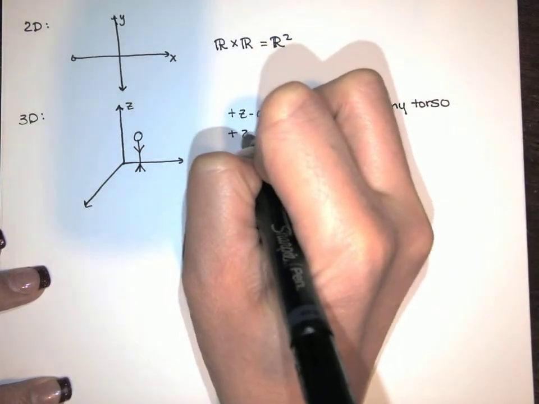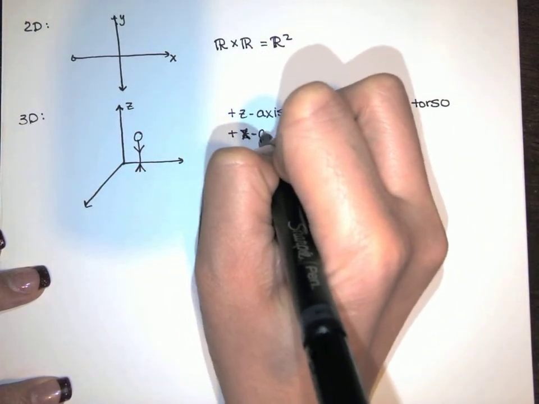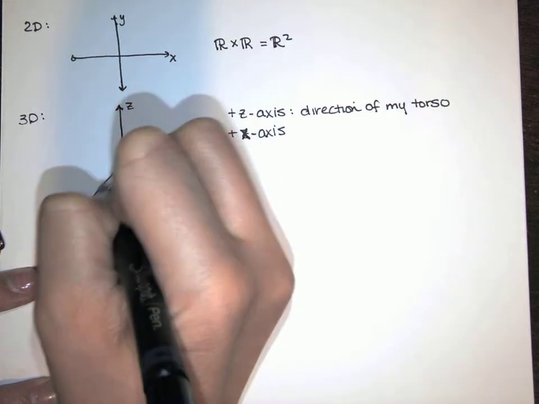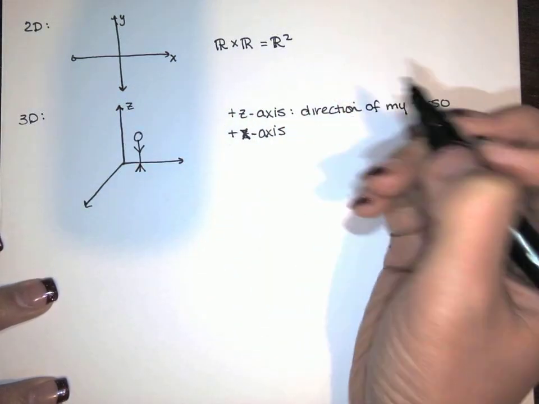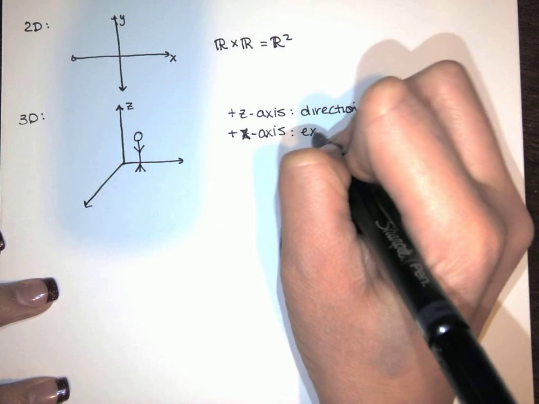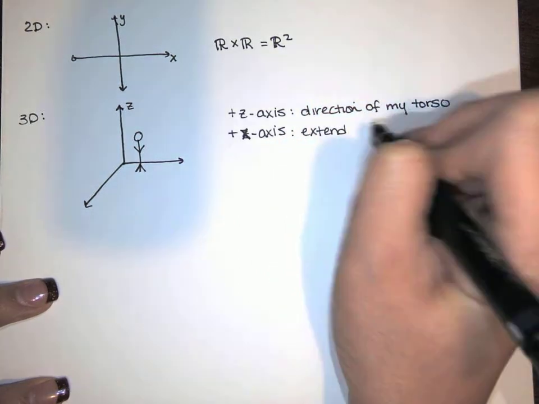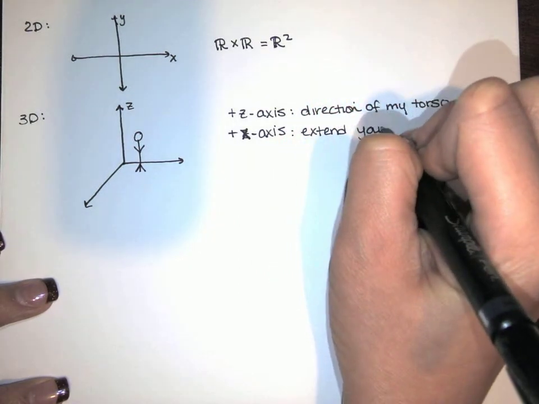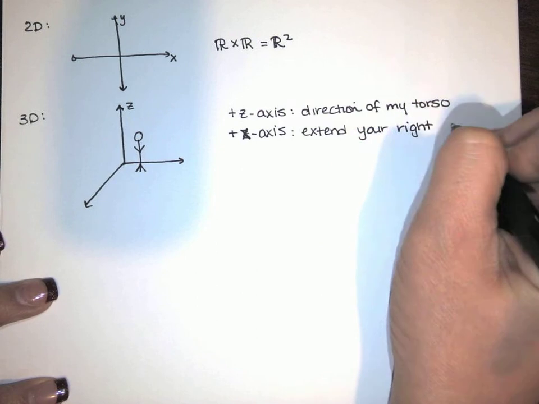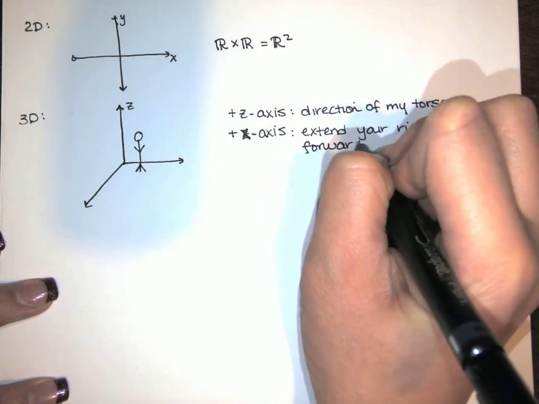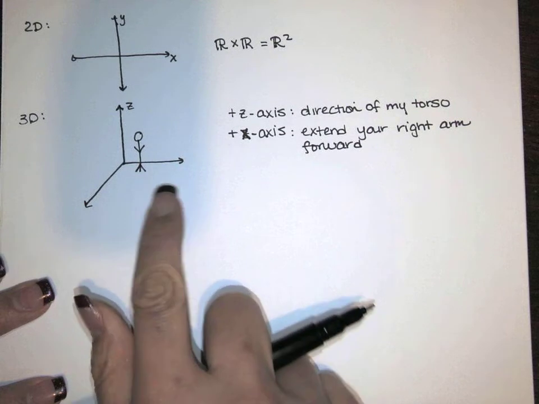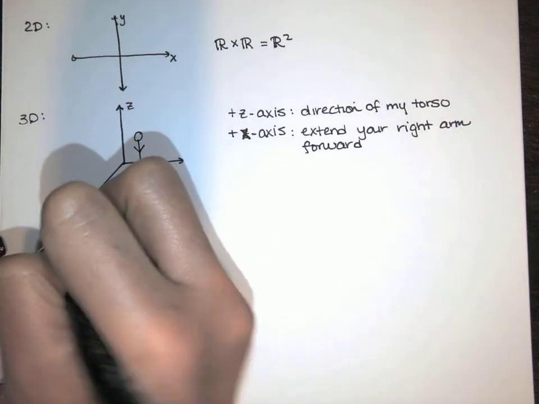And the x-axis, the positive x-axis, goes out directly in front of me. Like if I extended my right arm forward, that right arm is going to be parallel to the x-axis.